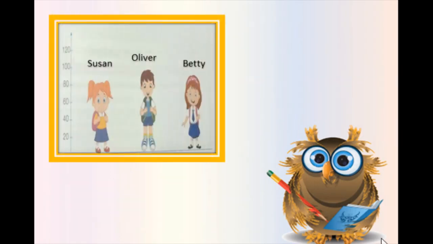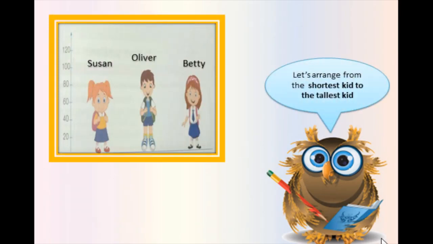How about if we try to arrange the heights of the 3 children? From the shortest kid to the tallest kid. It's from the short or the smallest kid to the biggest kid, shall we say. What do you think, or who do you think is the shortest kid among the 3?